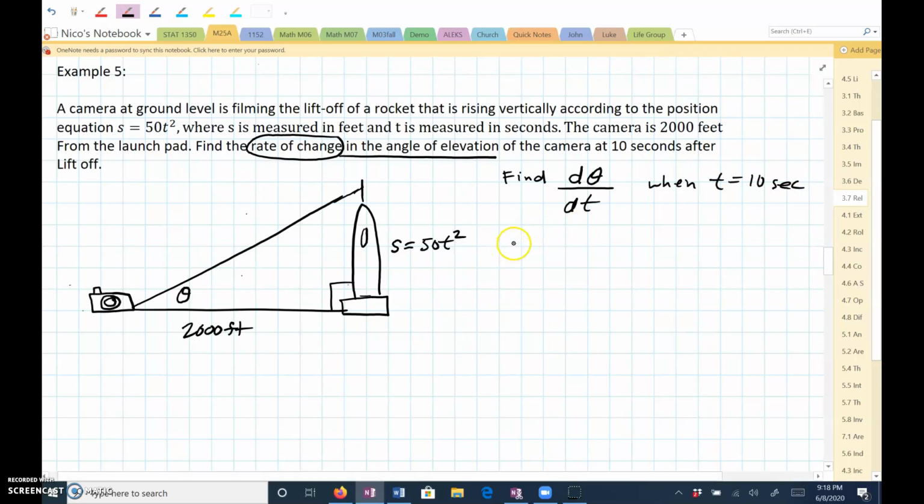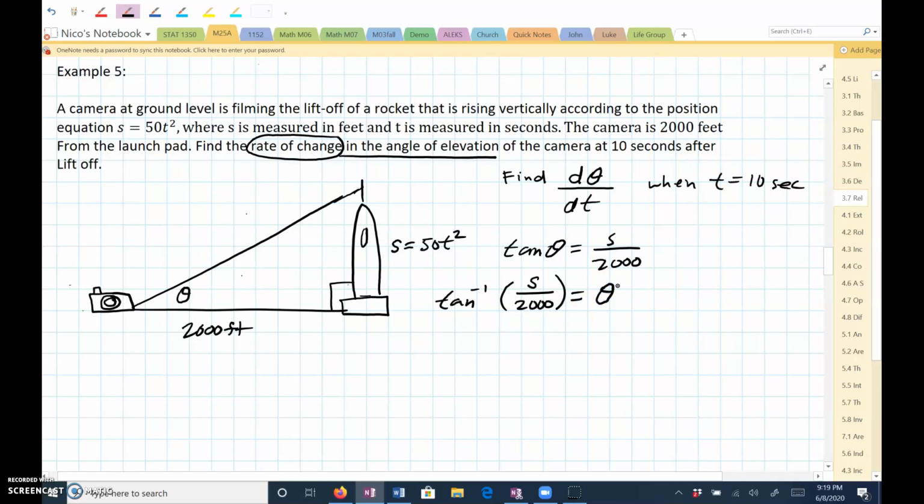We also know that the tangent of theta for this problem would be opposite over adjacent. If we wanted to, we could write this as the inverse tangent of s over 2,000 equals theta.